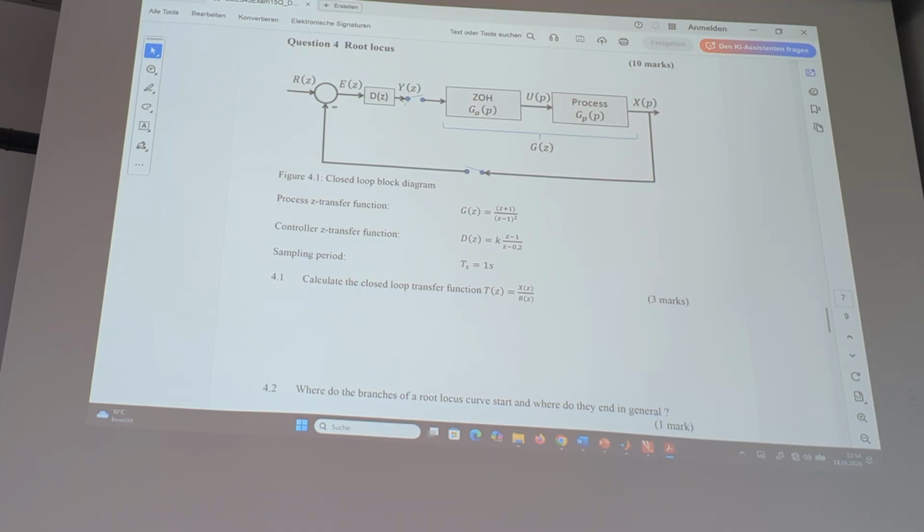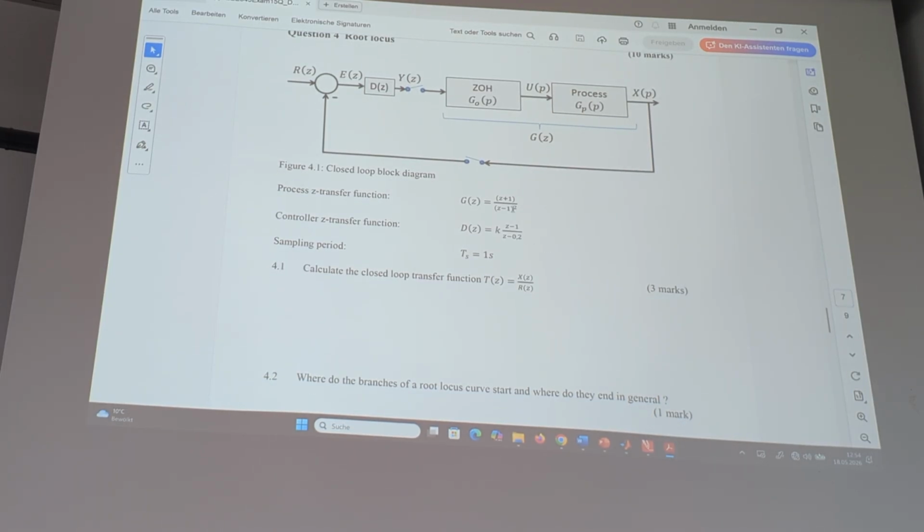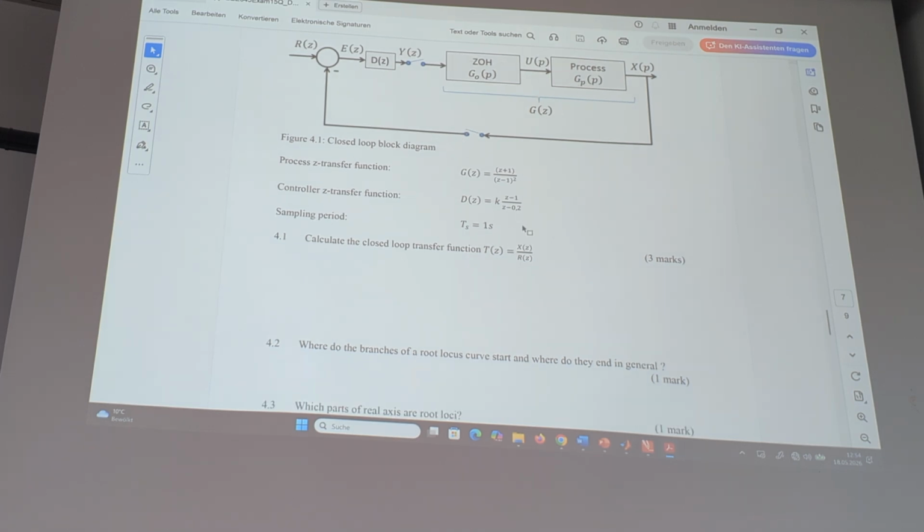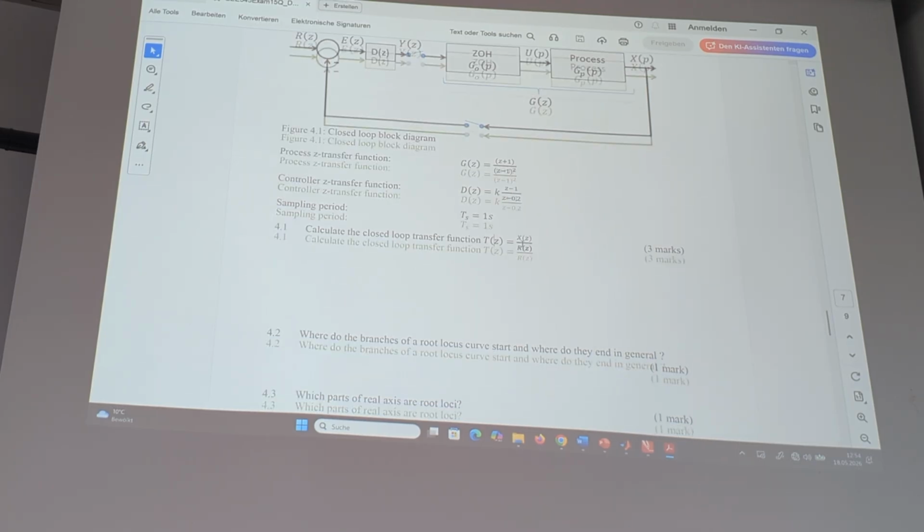No. It's always the transfer function in the forward path over 1 plus the transfer function in the forward path times the transfer function in the backward path. So we have DG over 1 plus DG. Then we can put in the individual expressions to calculate T of Z as a function of Z.